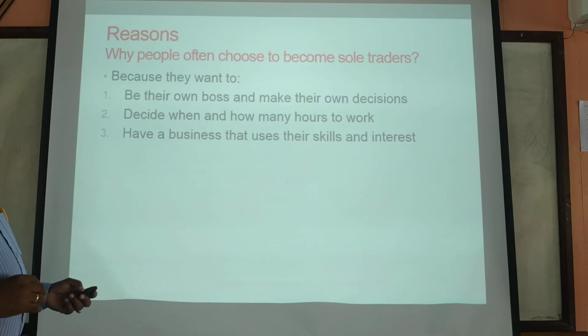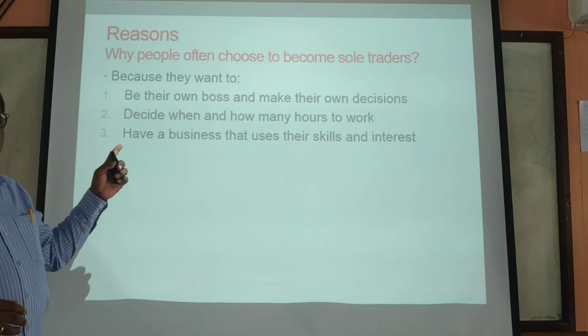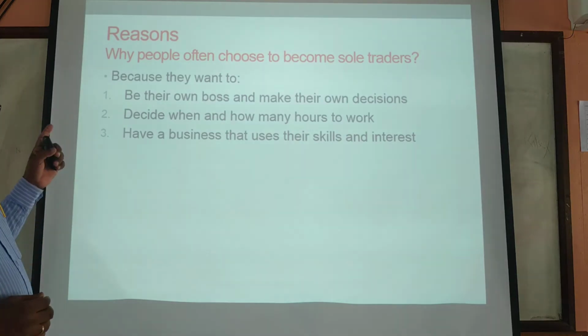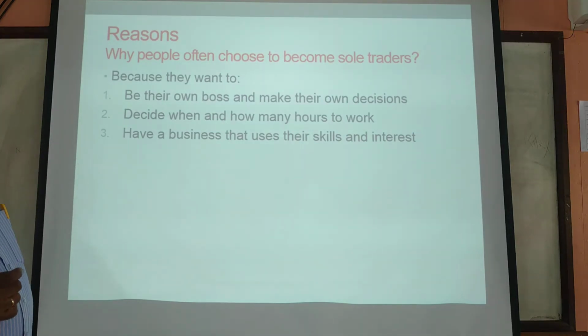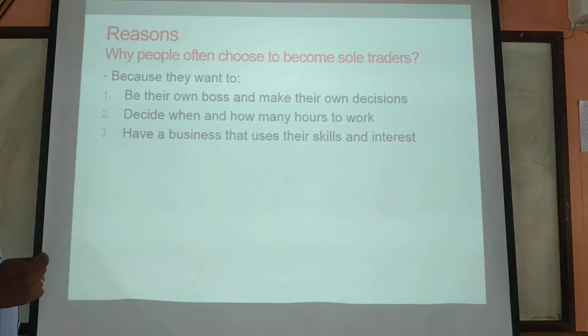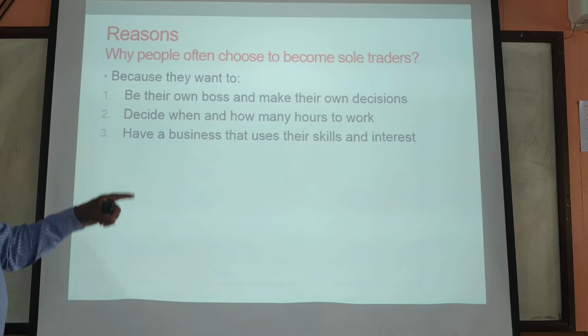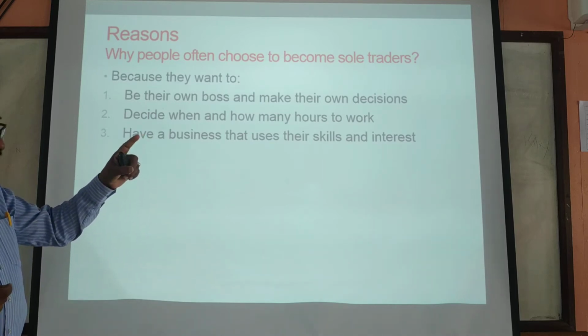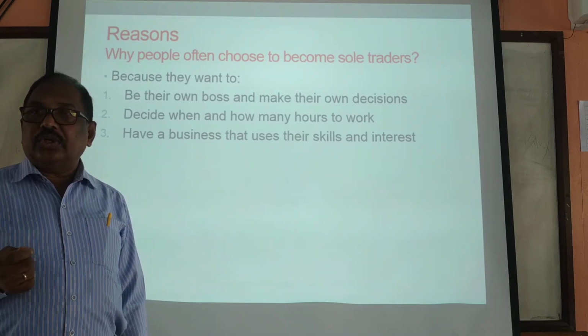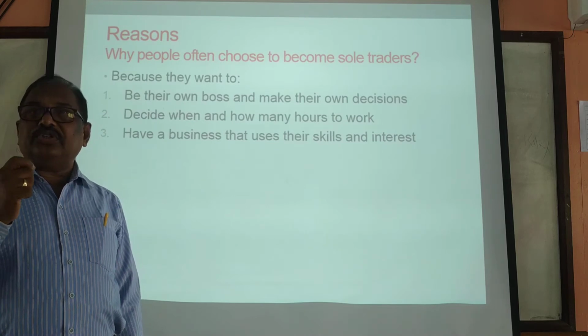And you will see the reasons why a sole trader business operates. Why people often choose to become sole traders. Because they want to be their own boss and make their own decisions. They won't be under anybody else. They are free to make decisions, free to run their own business.